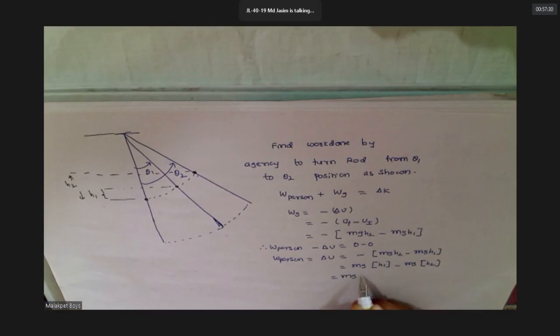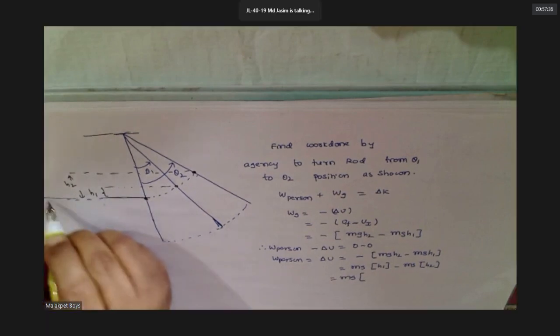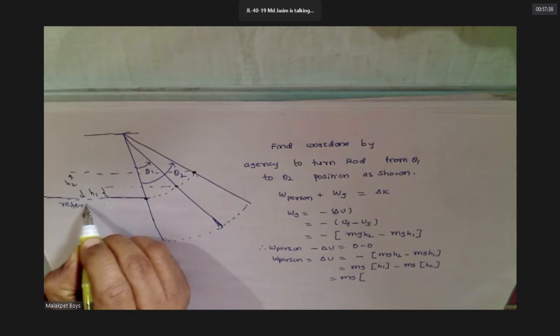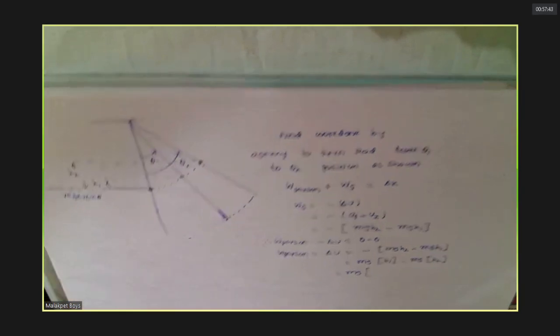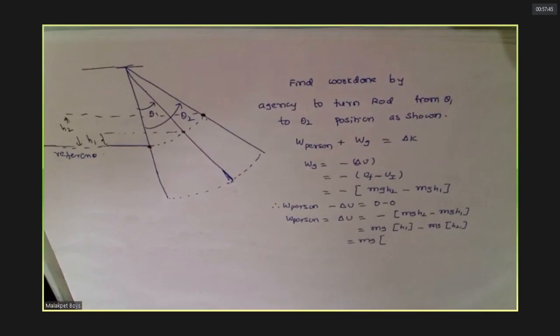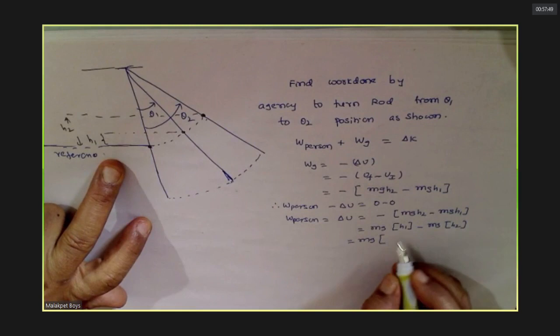Here this is the reference as before only, the initial position. You can fix here; if you want, you try from here, you'll get the same answer. Yes, sir. Clear.